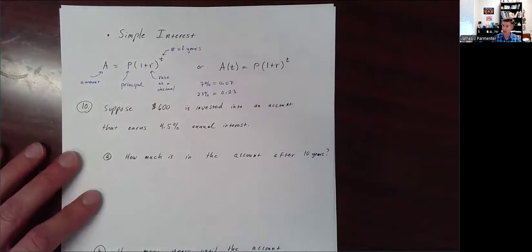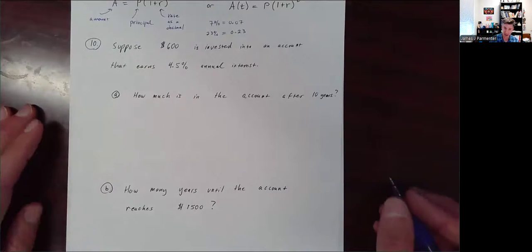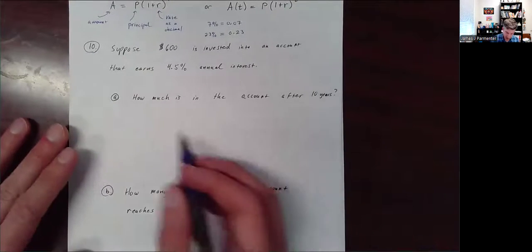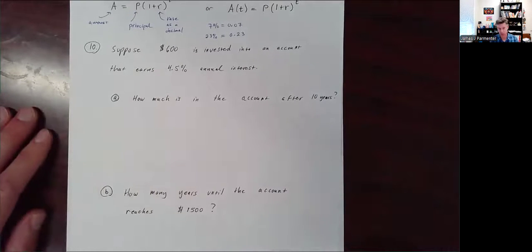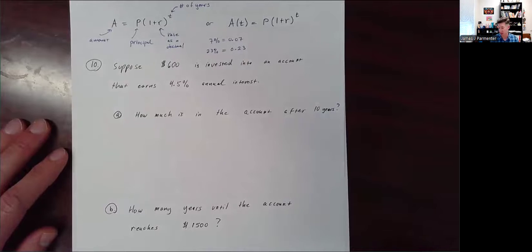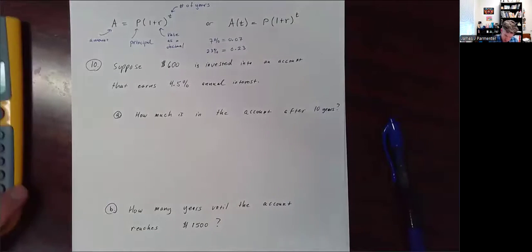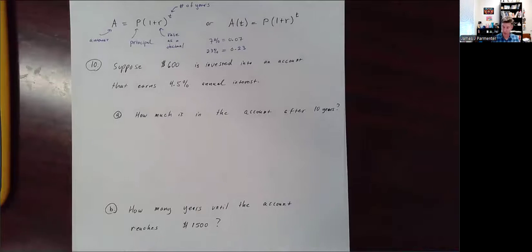So let's look at these examples here. Suppose $600 is invested into an account that earns 4.5% annual interest. How much is in the account after 10 years? Well, I'm just going to throw numbers into a formula and then I'm going to use a calculator. It's still good to write out the formula.